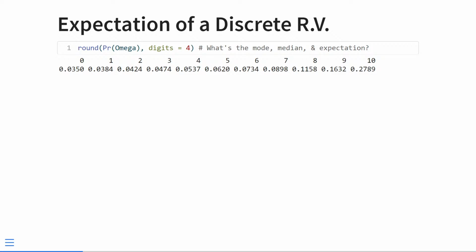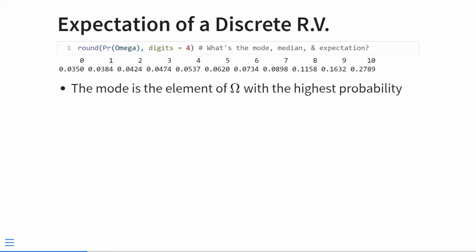Most commonly occurring outcome. Yes, that's the correct definition, which in this case would be 10. More generally, is it just the max of your probability mass function? Or the argmax. So the element of omega that has the highest probability, assuming that to be unique.